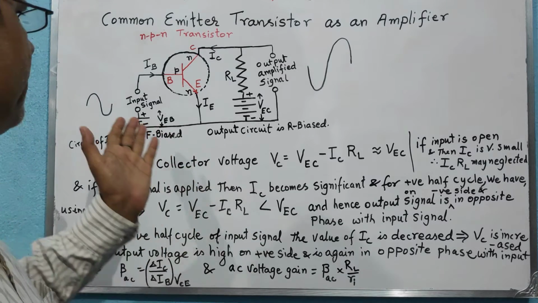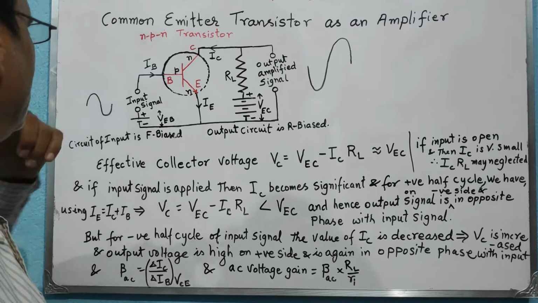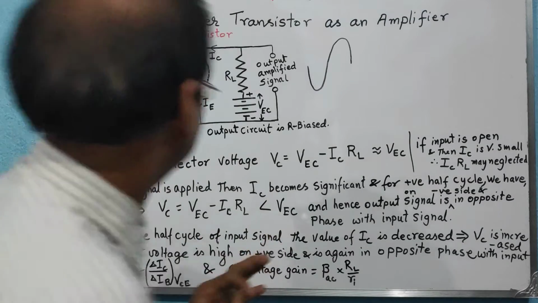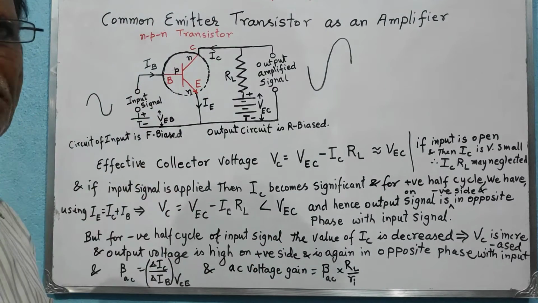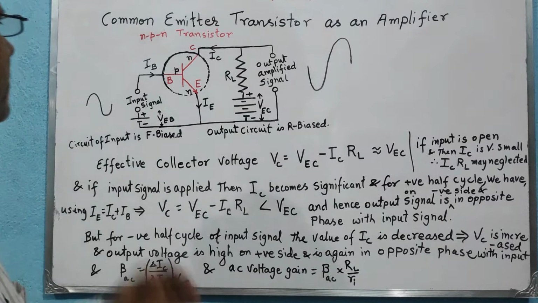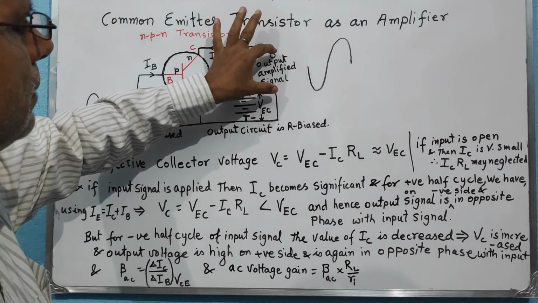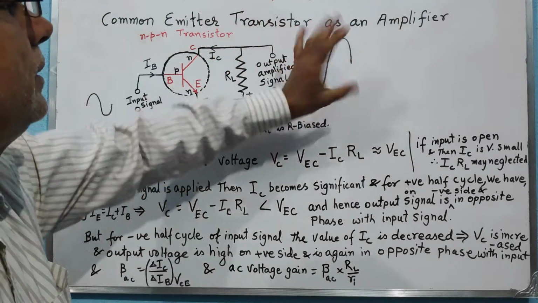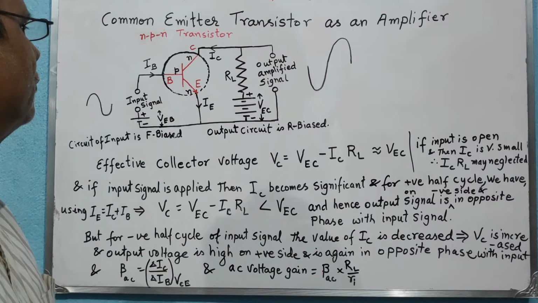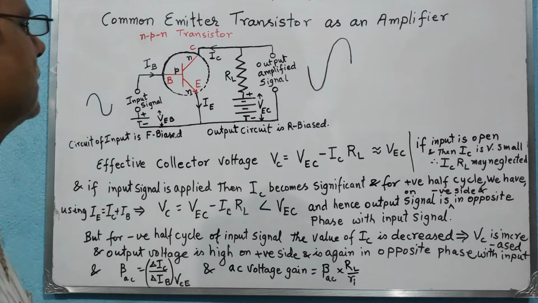In this, we have an input terminal where we feed the signal which is to be amplified, meaning whose voltage is to be raised, and there is a similar output terminal where we receive the raised voltage of the signal which we have fed at the input circuit.